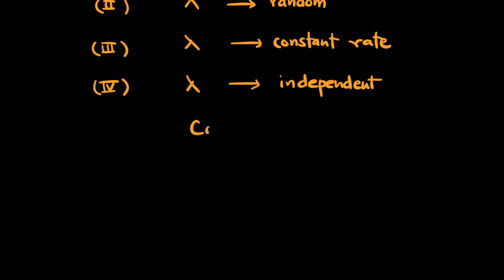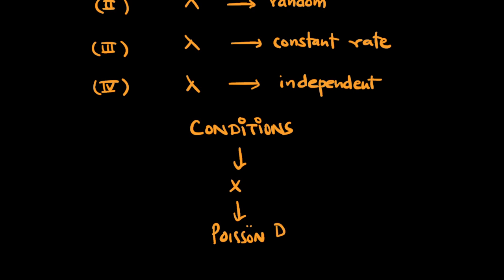So these things that I've written in orange color are the conditions for a variable to follow Poisson distribution. Now let me explain each condition in the context of a situation. The best example that I can use is that of the telephone operator.